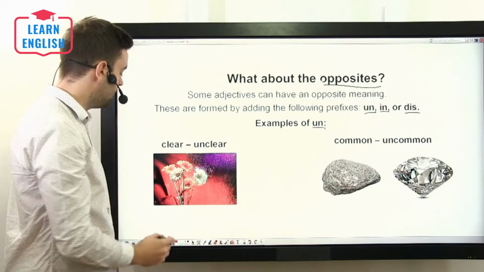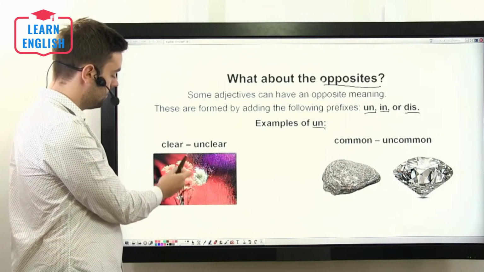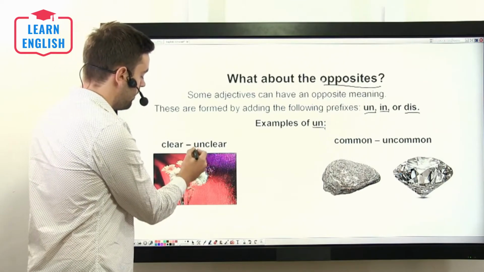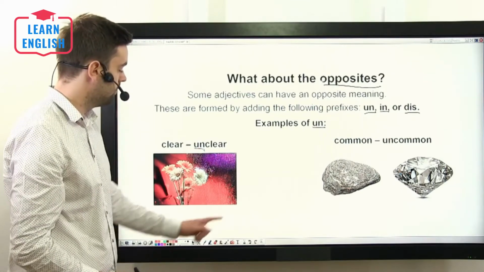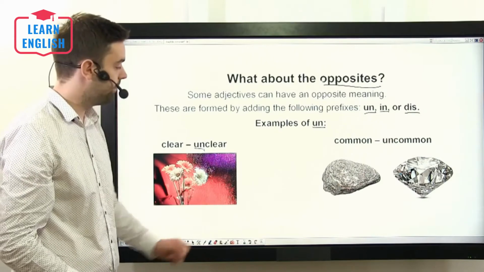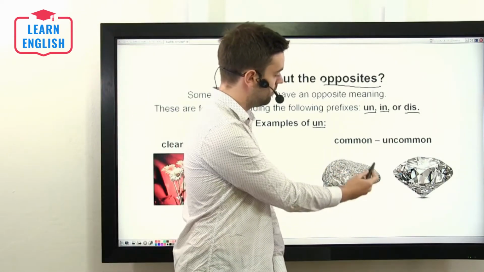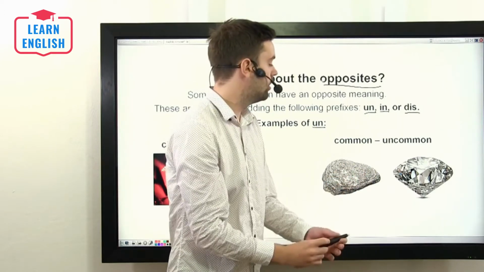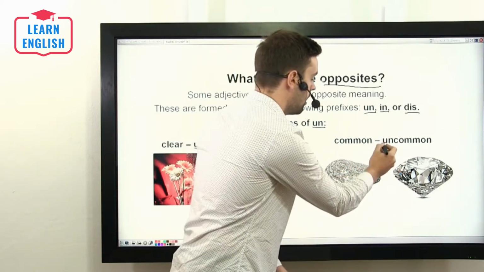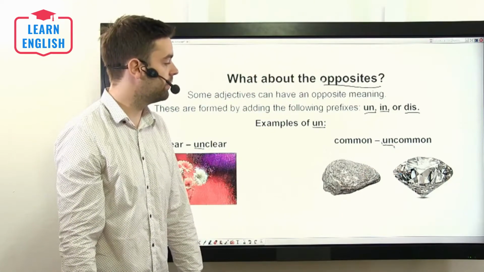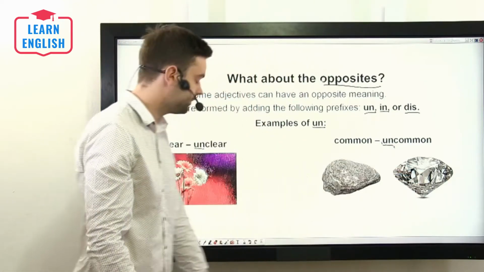So first, we can have clear, and then we can have unclear. We can have common, which is this. This rock is common. Or we can have uncommon, like a diamond.